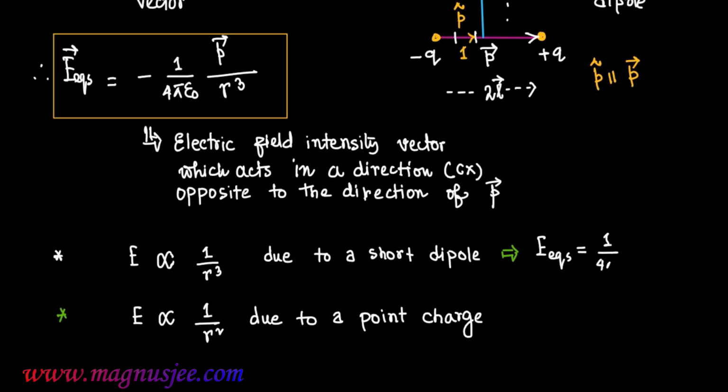Here we know that due to short dipole, E equatorial equal 1 by 4 pi epsilon 0 p by r cube. That's why E proportional to 1 by r cube, and also due to a point charge, field intensity has the expression E equal 1 by 4 pi epsilon 0 q by r square. That's why E proportional 1 by r square due to a point charge.